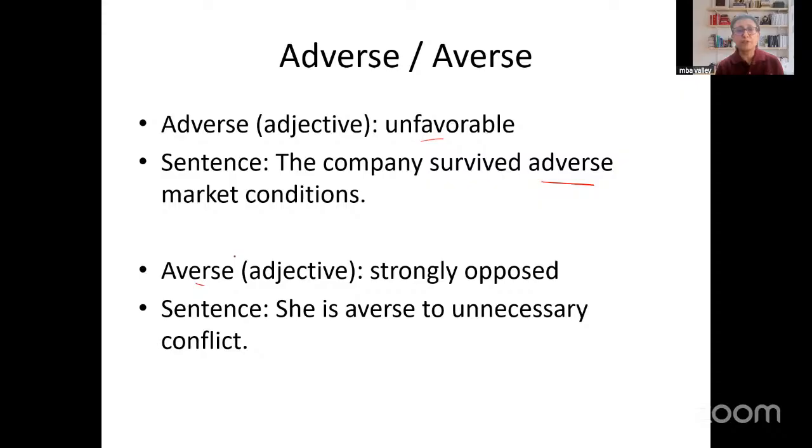That's averse, coming from the word aversion. Let's look at the sentence. She is averse to unnecessary conflict. Or sometimes, in terms of food, in terms of smell, you are averse to certain smells. You can use the word there as well. So averse and adverse. Adverse is unfavorable and averse is strongly opposed or strongly disliked.